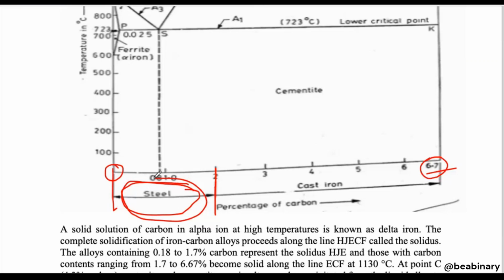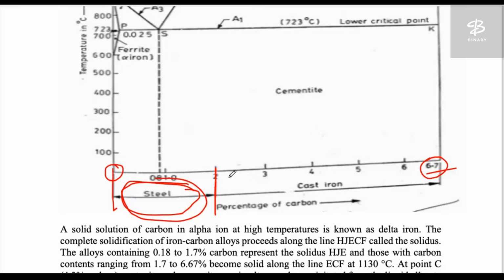If the carbon is less than 2%, in this region, then the iron carbon alloy is basically steel. And if you have more carbon than 2%, up to 6.7%, in the iron, this type of iron carbon alloy is known as cast iron. Don't get confused with cast iron; it doesn't mean the iron was produced with the casting method. Cast iron means how much percentage of carbon has been mixed with iron.